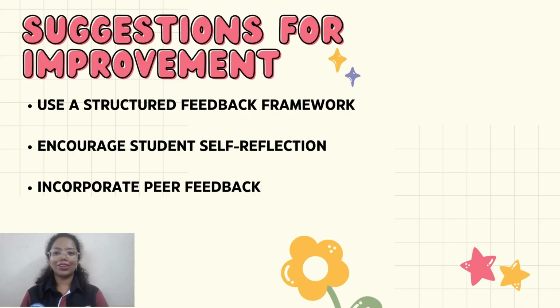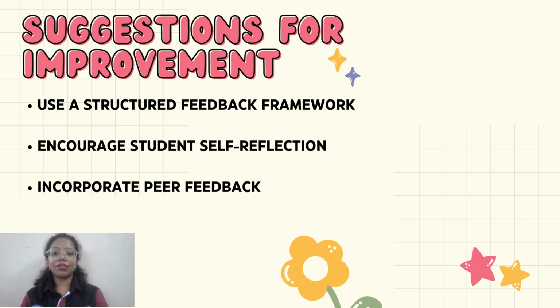Now let's have a look at the suggestions for improving feedback practices. First, utilize a structured feedback framework. A structured framework helps ensure feedback is comprehensive and covers necessary components. By implementing the situation-behavior-impact framework, teachers are encouraged to describe the situation, the specific behavior, and its impact.